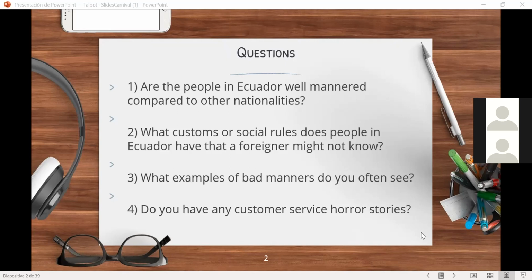Yes, maybe when asking for an address, people can describe it in the way they understand, but maybe you cannot understand when they say go straight, or maybe they can say that some place is near somewhere, but it's farther than you think. So that can also be a bad service of giving information in this case. So thank you, Brian.